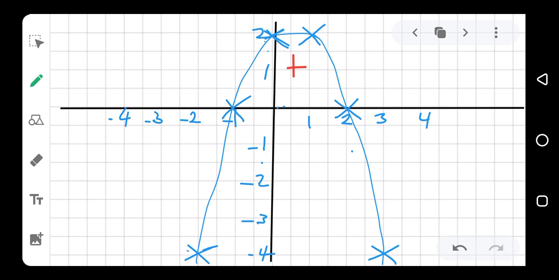All the values for y that are positive are going to be on this line. Then all the values of x that are positive are going to be on this line. All the values of x that are negative are going to be on this line. And all the values of y that are negative are going to be this side.